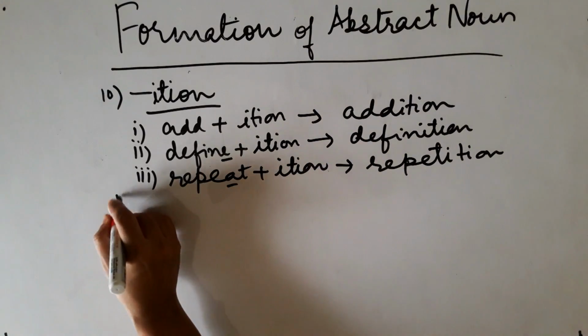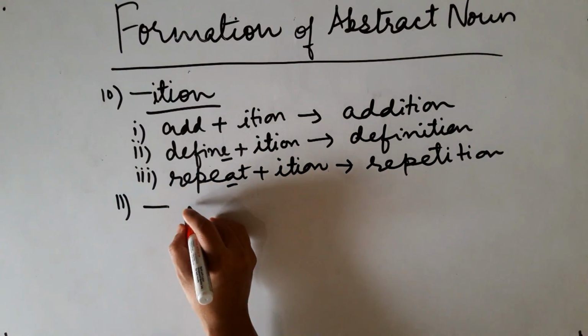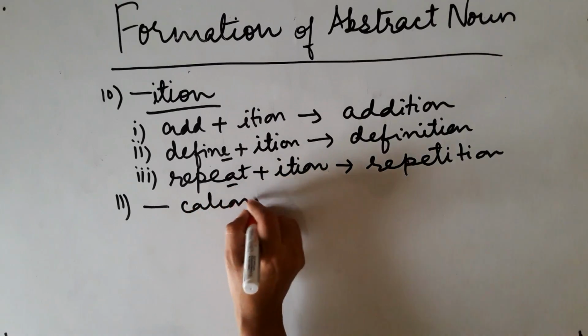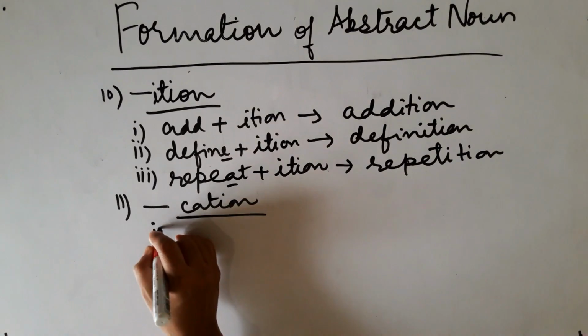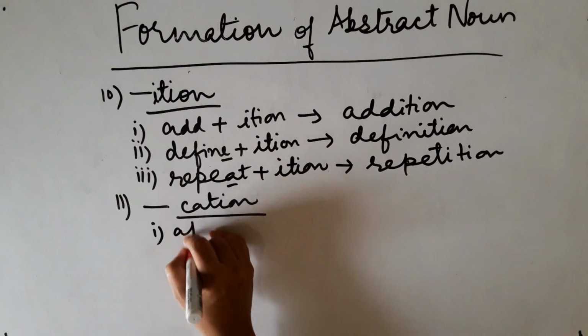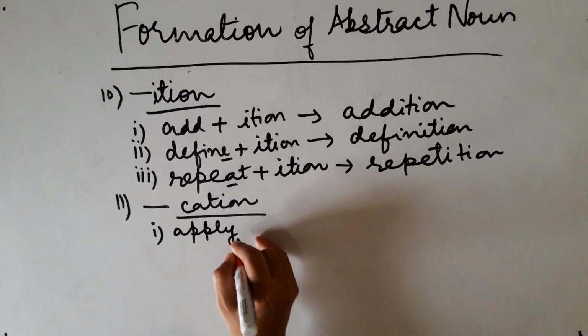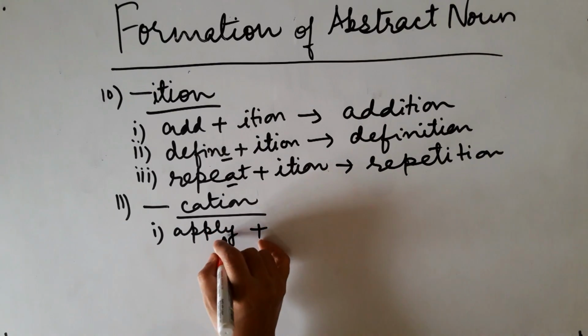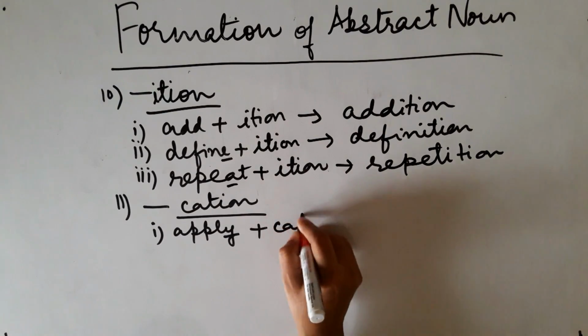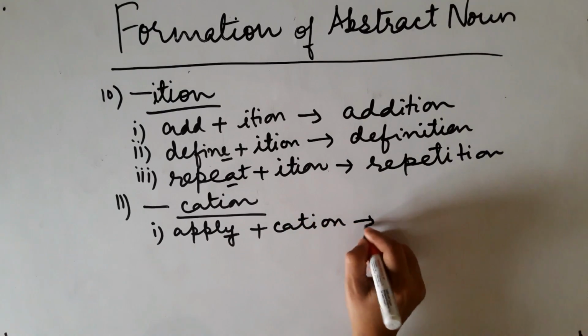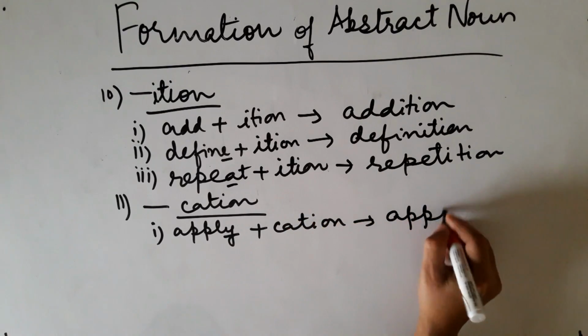Next in this category is adding cation to the verbs and it becomes a noun. And of course we are going to make a little change in the word, like the word apply. Here we are going to replace this y with i, and we will add cation and it becomes application.